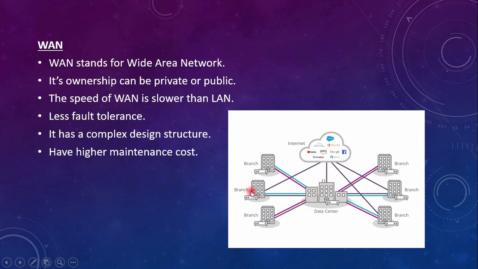So the data is getting transmitted to the data center, or the headquarters, and even on the cloud using the internet. This is how the WAN works. There are different branches, one in one region, another in another region, a third in a different region. Similarly, they can communicate using the internet. So these are some of the advantages and the differences between LAN and WAN.